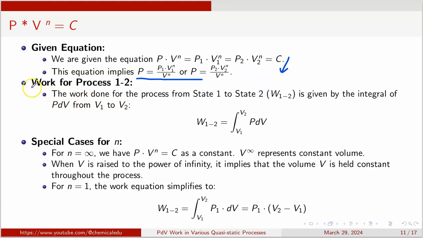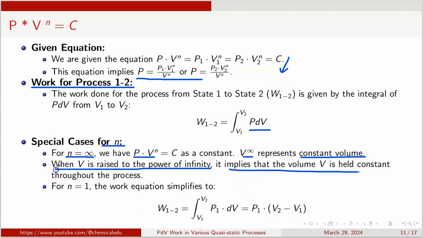Now work for the process from state 1 to state 2, so work done is the integration from V1 to V2 of PdV. Now for this case, actually n is equal to infinity. If n is equal to infinity, we have PV to the power n equal to C as a constant, so V to the power infinity represents constant volume.